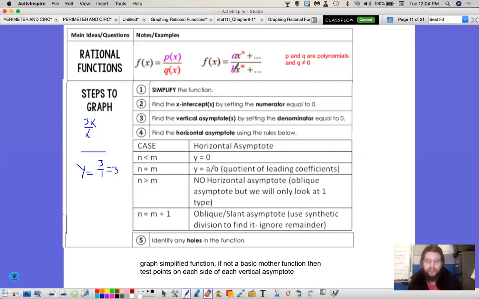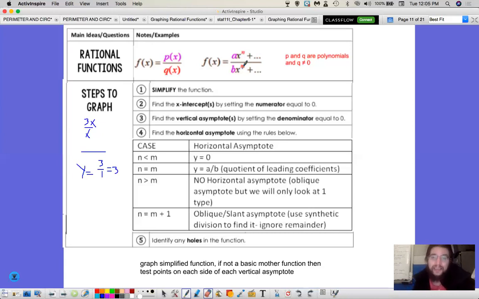That's a over b, the quotient of the leading coefficients, whatever they may be. It must be in descending order, which I'm going to give it to you in, because there's no reason not to. Now, if the numerator has a larger degree than the denominator, there is no horizontal asymptote. That's when things start to get interesting.